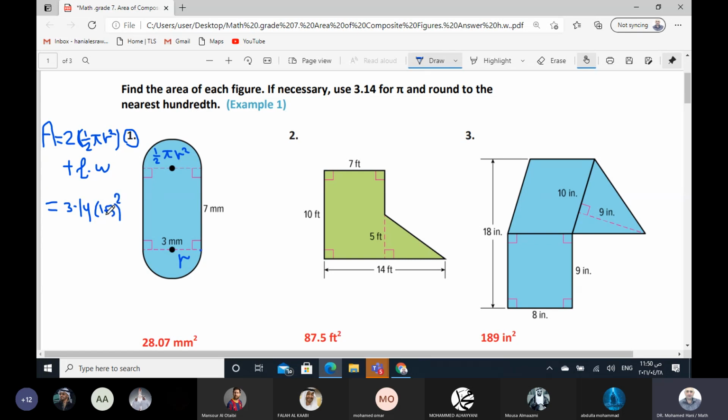1.5 squared, plus the length of the rectangle will be 7 times the width, which will be 3, so 7 times 3.